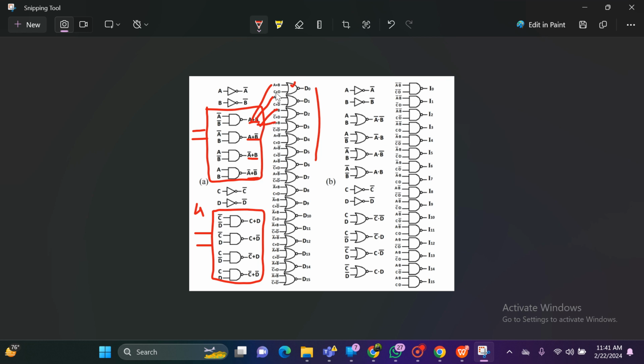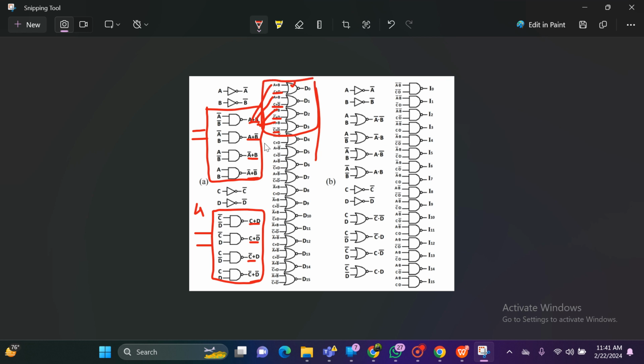Then next, the other input for these NOR gates is C plus D, C plus D bar, C bar plus D, and C bar plus D bar. If you observe here, C plus D, C plus D bar, then next C bar plus D, and then next C bar plus D bar. So here we got the first 4 outputs.